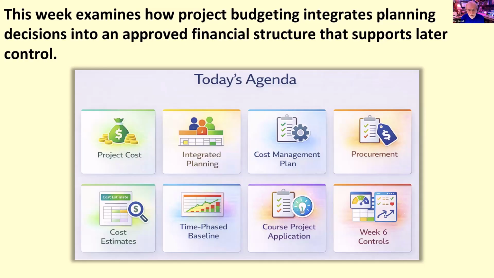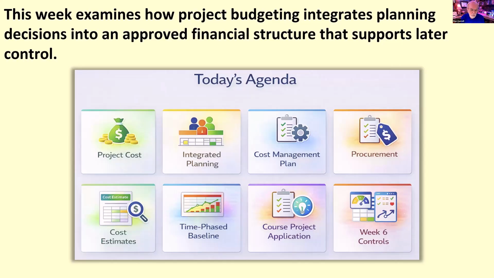And we'll begin by looking at project delivery costs in context, and then examine how budget development connects scope, schedule, resources, procurement, and management decisions into this financial structure. And then we'll turn to the week 5 budgeting artifacts, and we'll talk about the cost management plan, the role of procurement planning in project budgeting, the development of activity and procurement cost estimates, and the creation of the cost performance baseline.